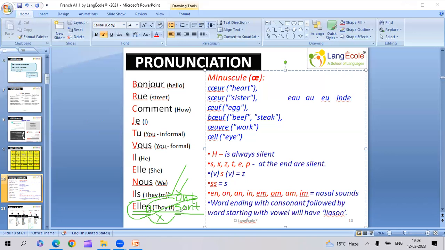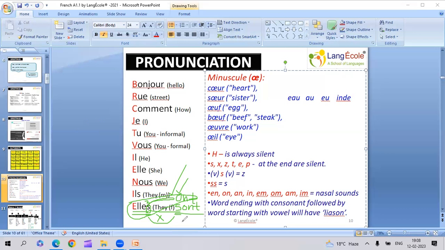And here it is S followed by O, which is a vowel, and when it becomes together, this S is surrounded by two vowels, one here and another here. So this will sound as Z. Elle zont.